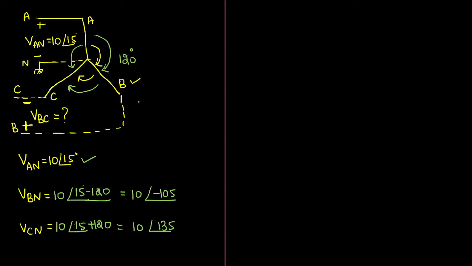Okay, sir. What is the purpose? See, basically, they are talking about line voltages, right? I'm just asking you, how will you write the expression for line voltage from phase voltage? I have phase voltage, I need line voltage. It's very simple. See, we are trying to measure the potential difference between B and C. So that can be written as VBN minus VCN.